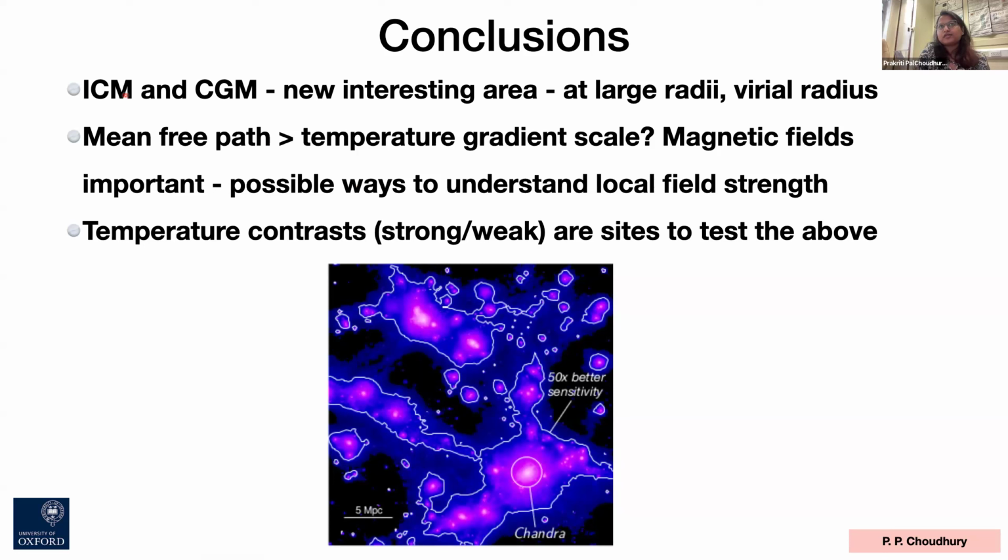What I also discussed is that the Coulomb collisional mean free path can have a wide range of values. It can be larger or smaller than the temperature gradient scale. And depending on that, the magnetic field will start becoming interesting.